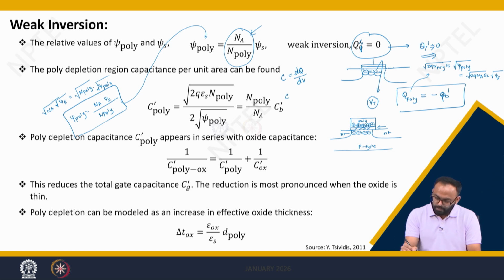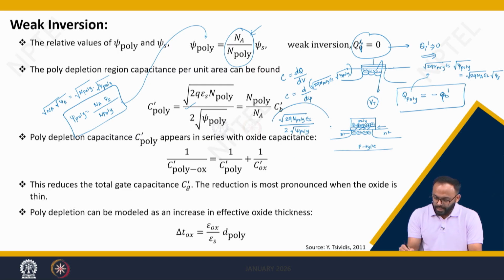So, C is nothing but dQ by dV, meaning the charge was square root of 2 into q into N poly into epsilon S into root psi poly, which will give you square root of 2 into q into N poly into epsilon S divided by 2 times square root of psi poly.